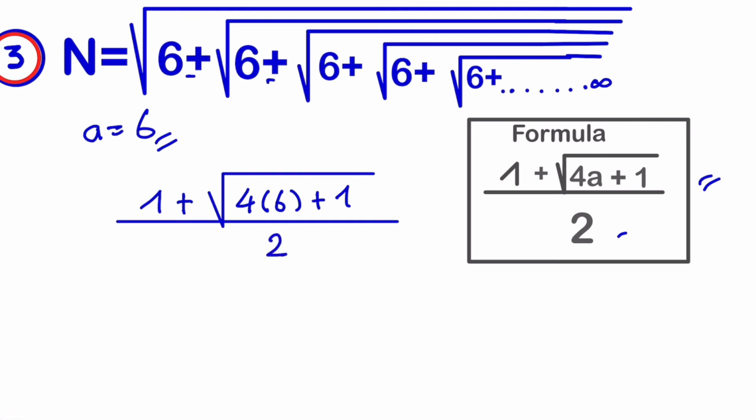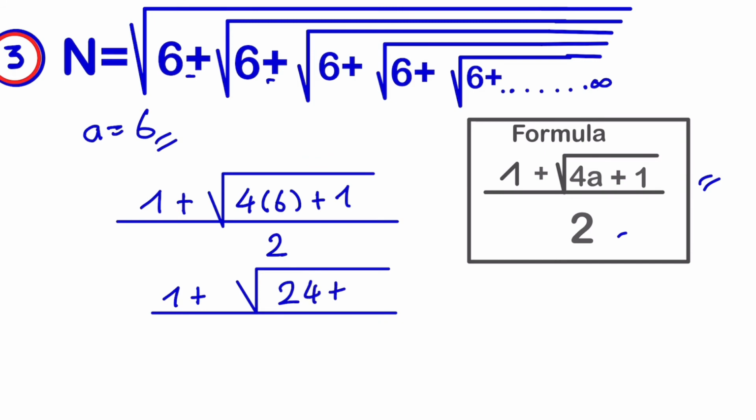If we move further, we are going to have 1 plus 4 times 6 is 24. 24 plus 1 over 2.